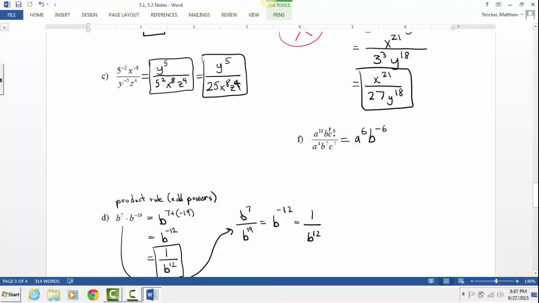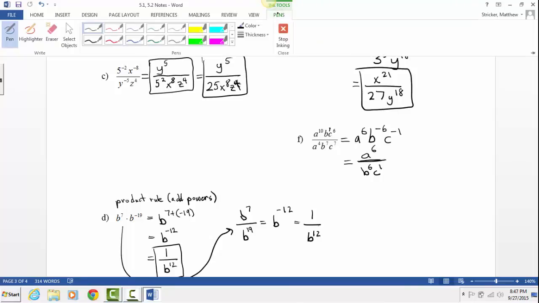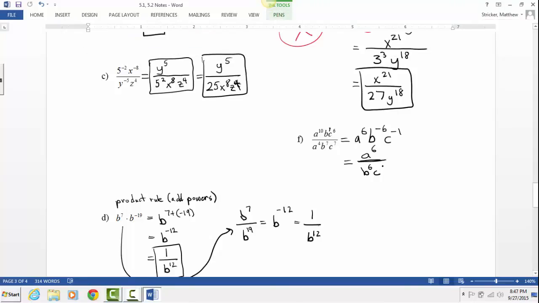And then I have c to the 6 minus 7. 6 minus 7 is negative 1. And then those negative powers, we can move those to the bottom. So that's a to the 6th over b to the 6th over c to the 1, or just c. So we could actually leave that 1 off.